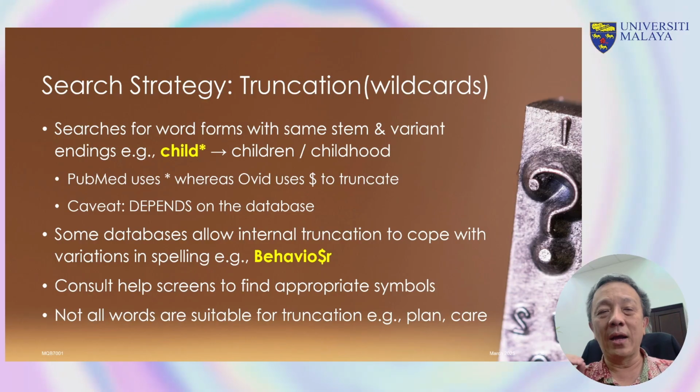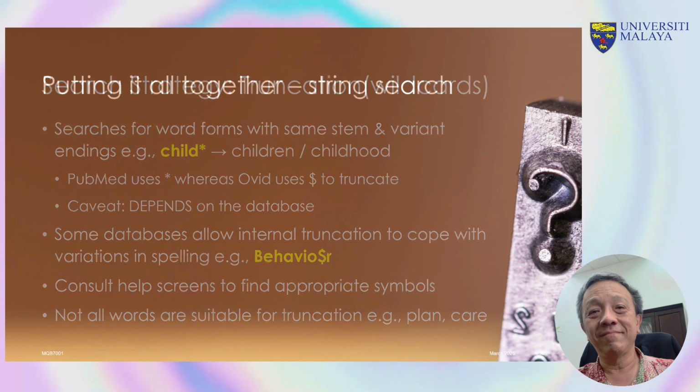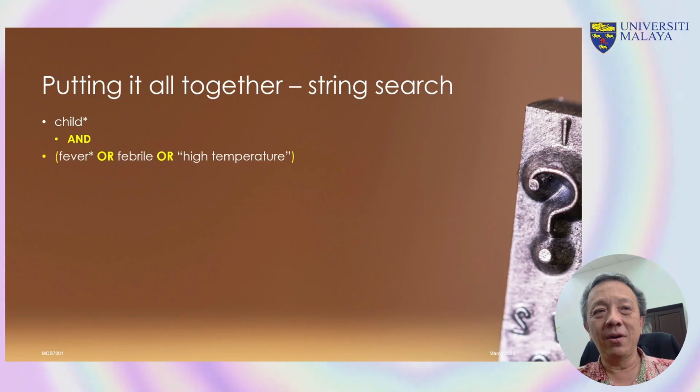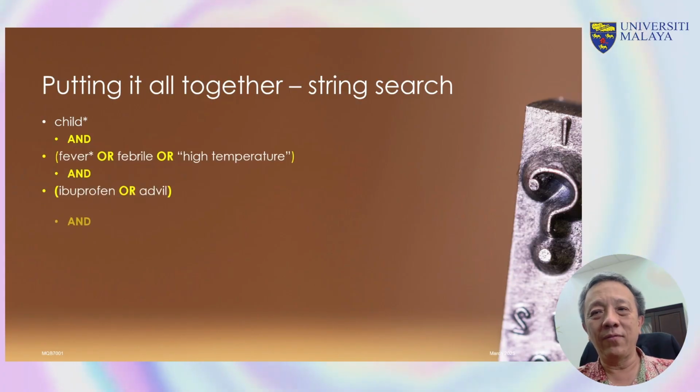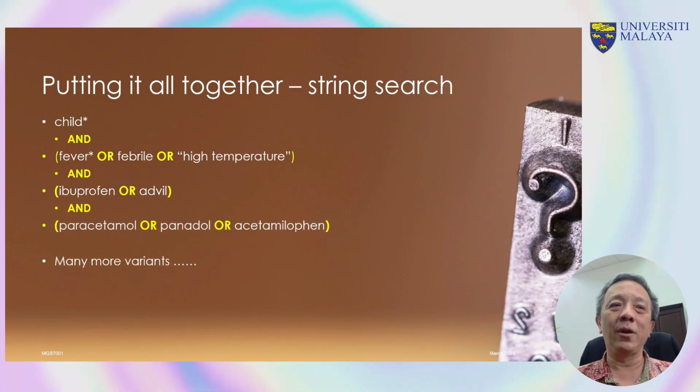Not all words are suitable for truncation, like plan or care. Let us put it all together. Child AND fever OR febrile OR high temperature AND ibuprofen OR Advil AND paracetamol OR Panadol OR acetaminophen.